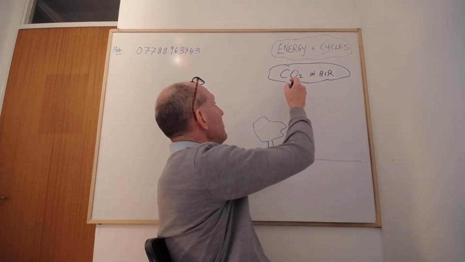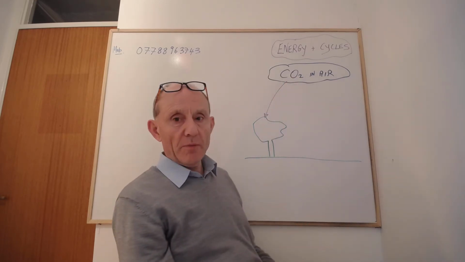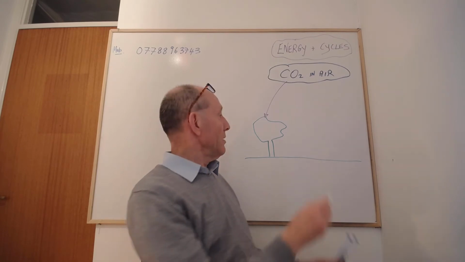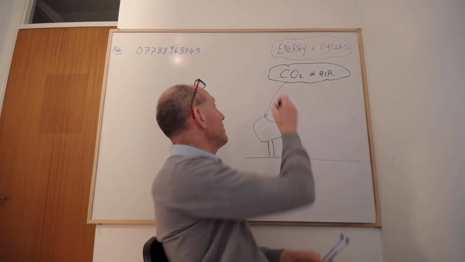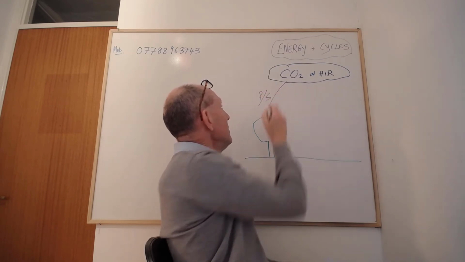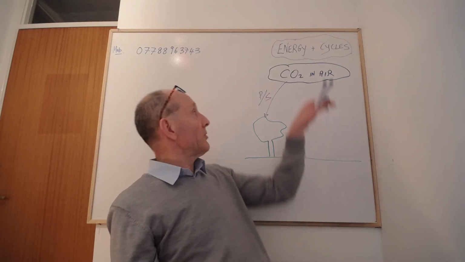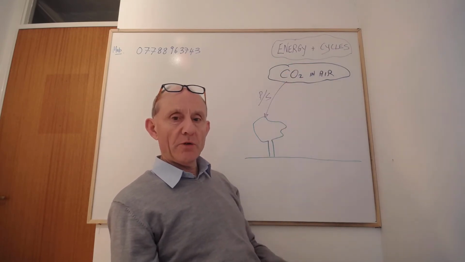So we can start first of all and draw an arrow from carbon dioxide in the air down to the tree. This is a tree, by the way. And we're going to write on here photosynthesis, P stroke S. So photosynthesis is a process by which carbon dioxide in the air is taken into plants and stored in the plants as glucose.